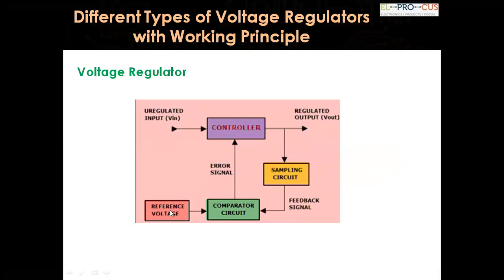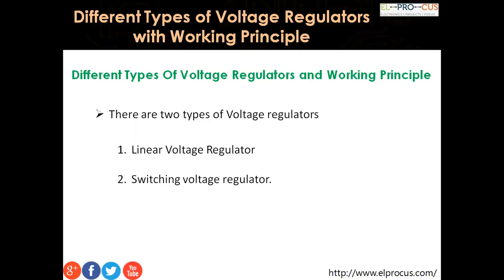In the circuit diagram, we are giving the reference voltage by using a Zener diode, because we know the Zener diode works in reverse biasing condition and gives us a constant amount of voltage. That's why we use it as a reference voltage.